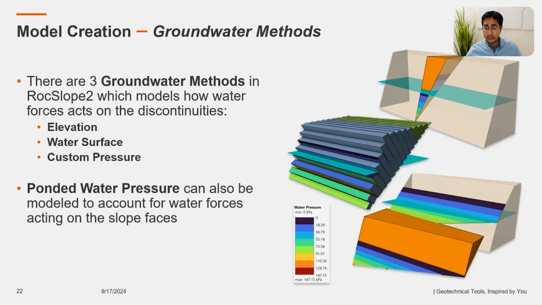The other way for users to define groundwater is through a water surface. A user can draw a phreatic surface, and this surface is used to determine the water forces again acting on the submerged portion of the block joint surfaces. Finally, the users have the ability to specify a constant water pressure through the custom pressure option, and this constant water pressure will be acting on the block joint surfaces.